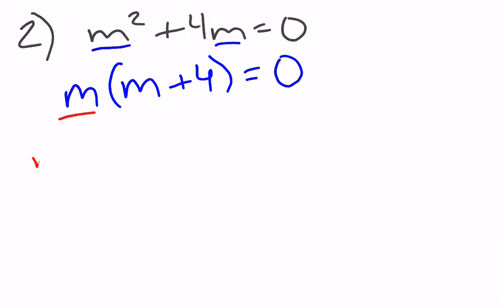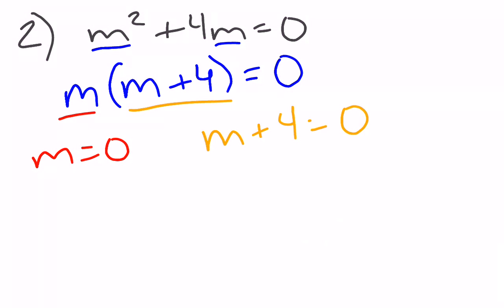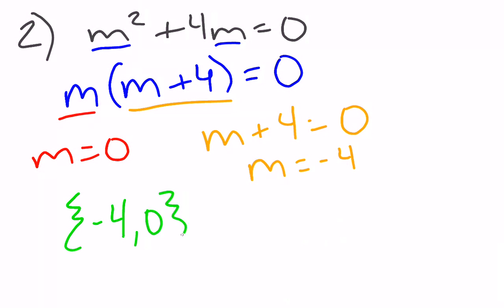Set each factor equal to 0 and solve. And remember, they should be the easiest ones because my m equals 0 is already solved. All I need to do is subtract 4 and get m equals negative 4, giving me a final answer of negative 4, 0.